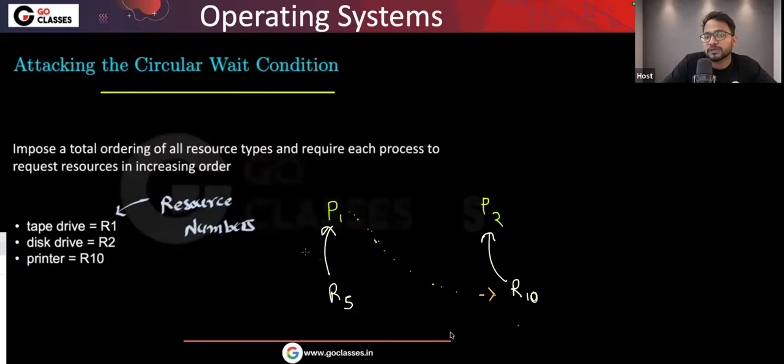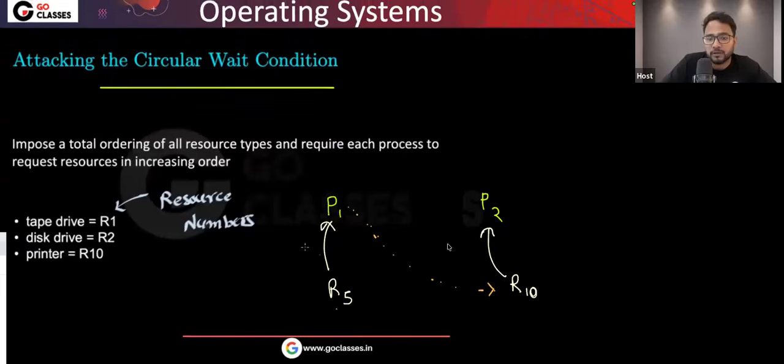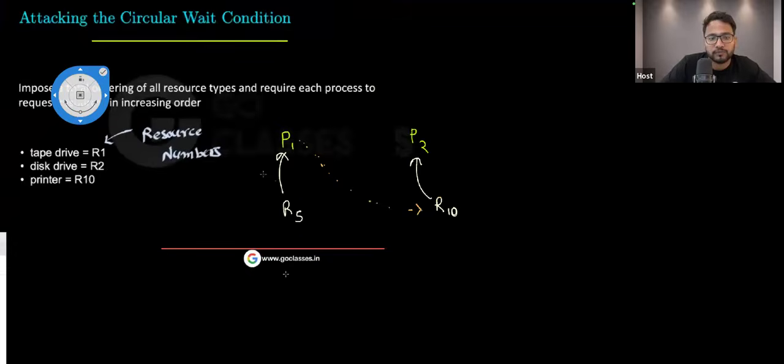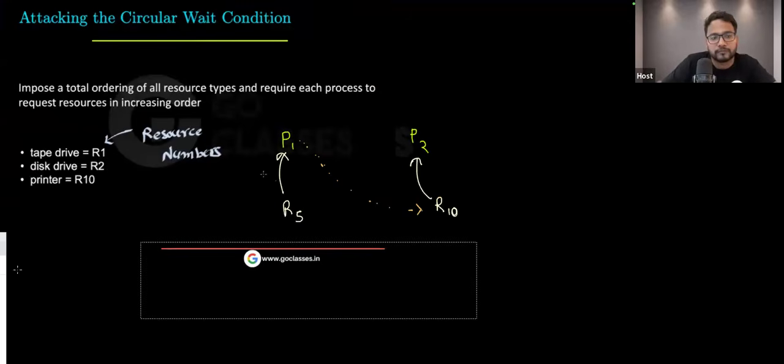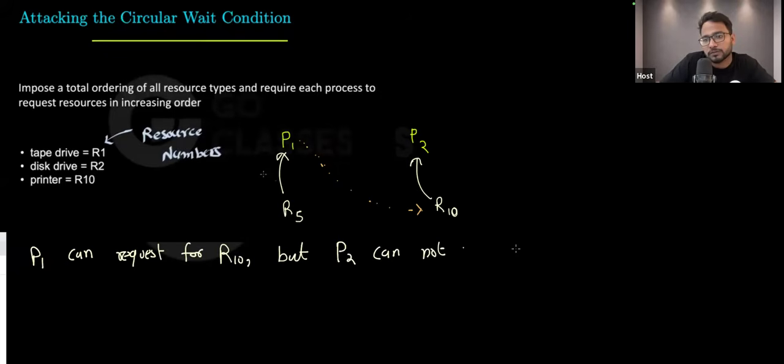Which means here I can say that P1 can request R10, but P2 cannot request R5.